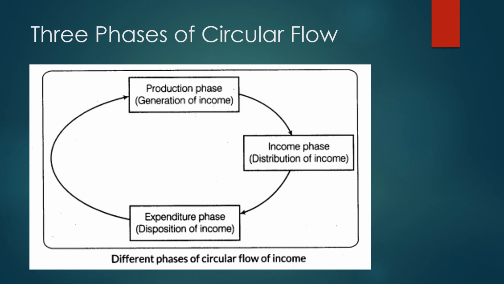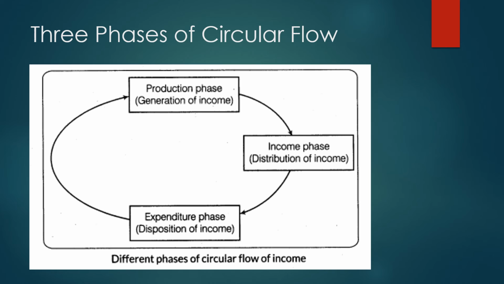Means goods and services are produced with the help of the four factors of production, and the producing class has to make a payment to the four factors of production, which leads to the generation of income. Now, the income so generated by the household sector is spent in buying goods and services, which leads to expenditure. So the expenditure made on the goods and services further leads to production.